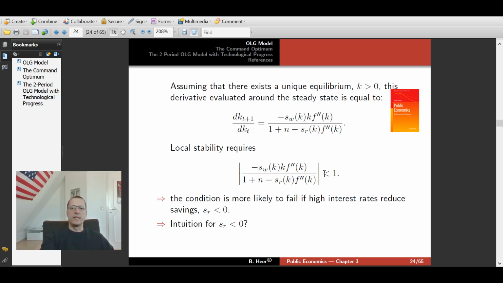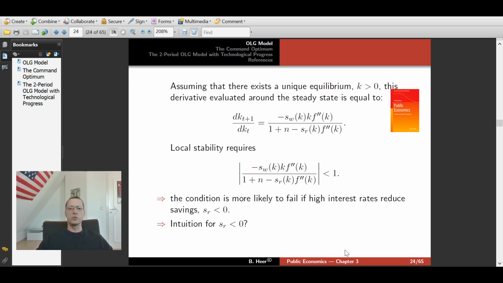So this term is negative, minus minus gives you a plus. So the denominator is getting smaller and this whole expression is getting larger if our partial derivative of the savings function with respect to the interest rate, S_R, is smaller than 0. So if S_R is smaller than 0, it's more likely that we have instability.